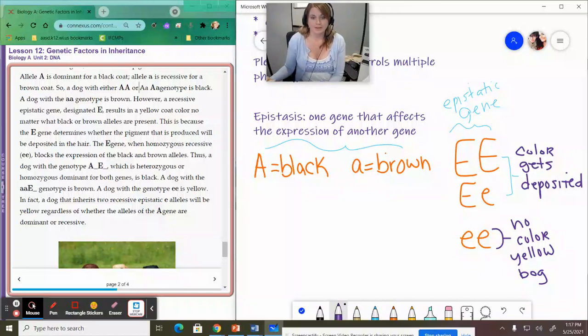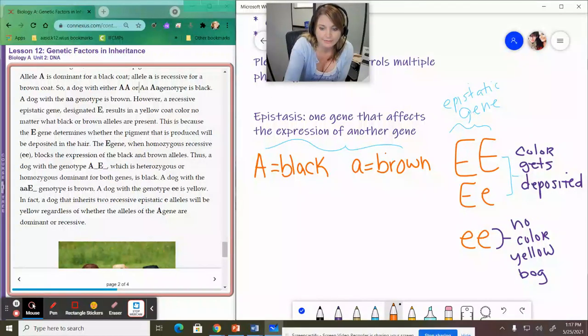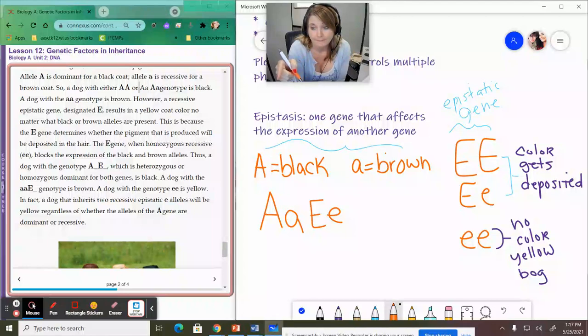Okay. So we can have a dog that is like this. What kind of dog, colored dog would that be? Well, it's a black dog. That's what it is.